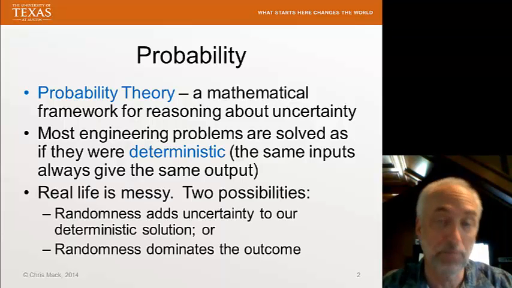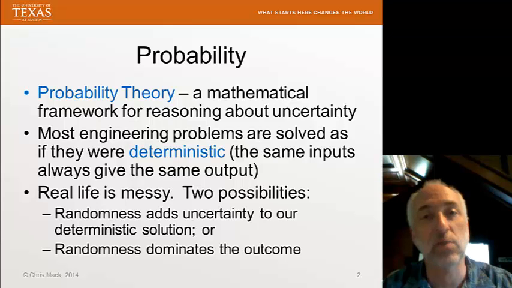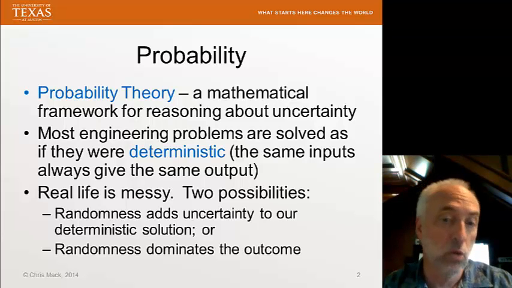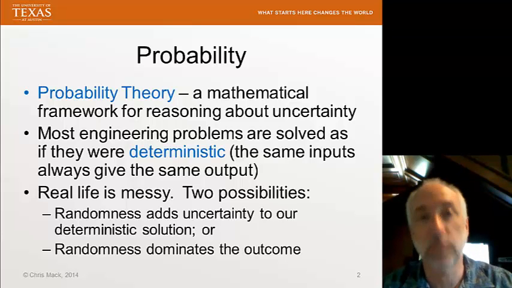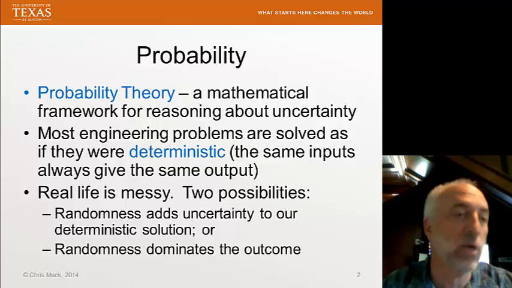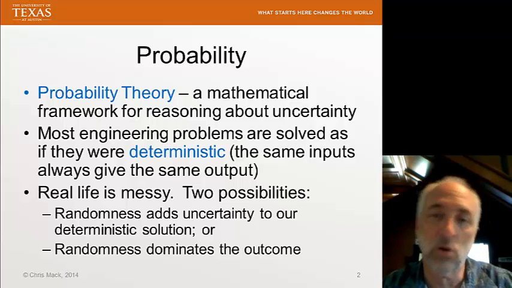Life is messy. Everything has uncertainty built into it. There are two basic ways that we use uncertainty to modify a deterministic theory of the world. One is randomness simply adds uncertainty to our deterministic solution. So I've got an equation that says given the initial velocity and the angle, this is where the cannonball will land.